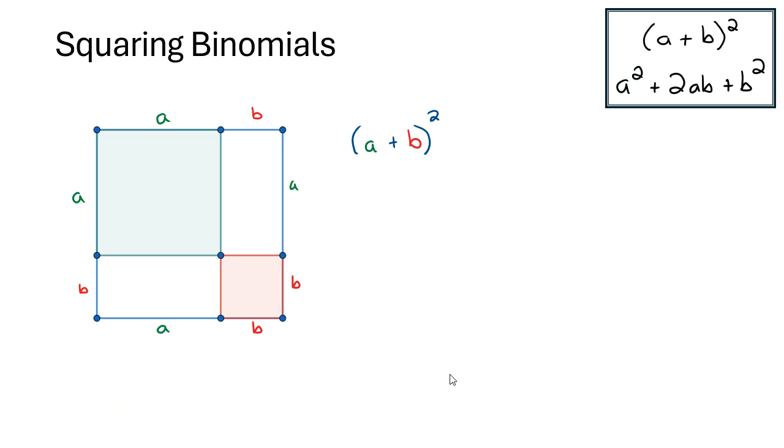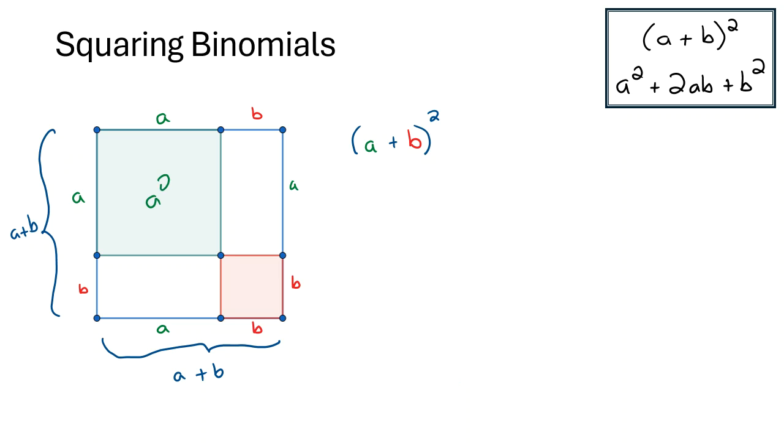So we could look at this geometric model in general terms by making the sides of the green square A and the sides of the red square B. So then the sides of the big blue square are A plus B, and this is A plus B. All right, so if we want the area of the big blue square, that's A plus B quantity squared. Well, what is that area?